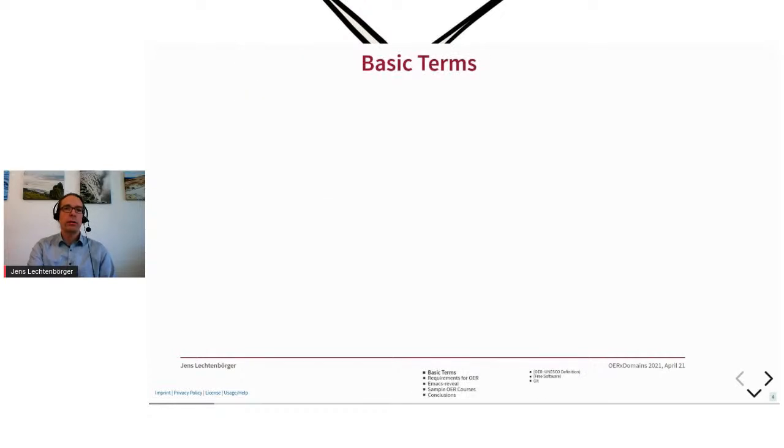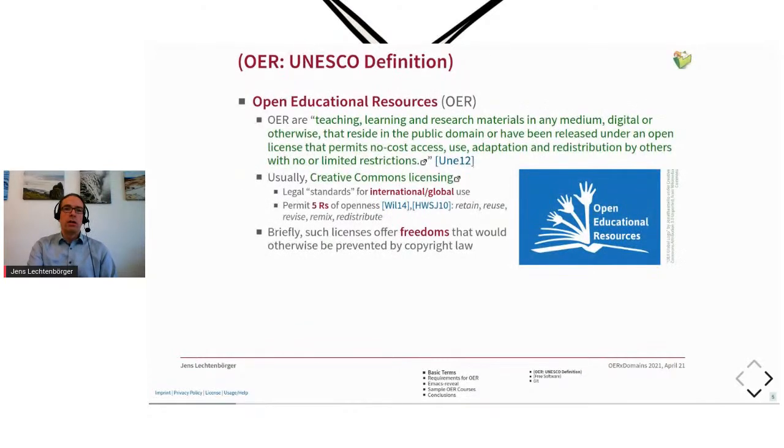Concerning basic terms, first of all, there is, of course, OER as a term itself, but in this conference, I do not have to explain that. Instead, just let me remind you of the 5 R's of openness mentioned earlier, which characterize a culture of sharing, which uses appropriate licensing to overcome barriers of copyright law, granting freedoms to everyone.